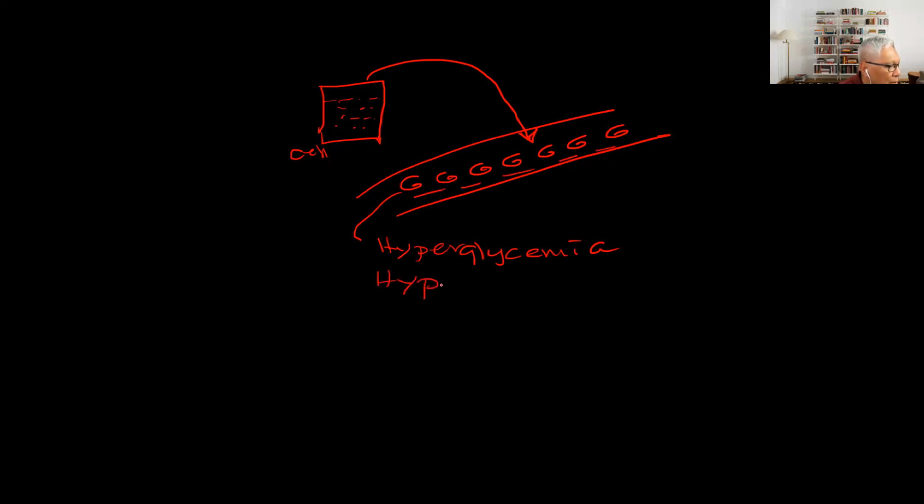So this is the cell, and there is a lot of fluid in this cell. What is going to happen to this fluid? It's going to migrate to the vascular bed. So the state where there's a lot of glucose is hyperglycemia, and the state where there are a lot of particles in the blood is what is known as hyperosmolar.